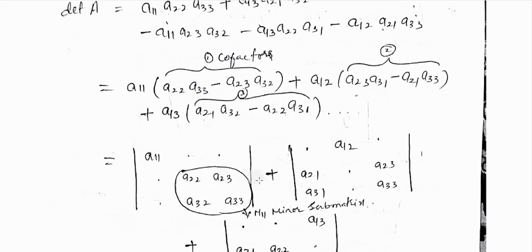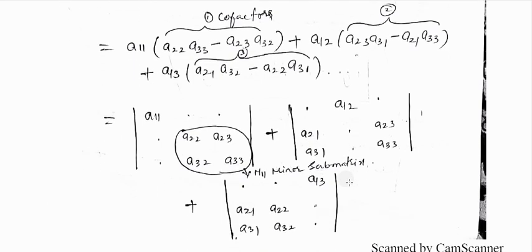So I will get these determinants, where this is represented by M11, called the minor submatrix. See, if we place these terms in the form of a determinant, it will take this form. Already we all know this.